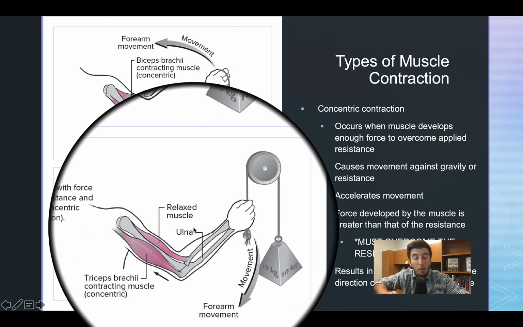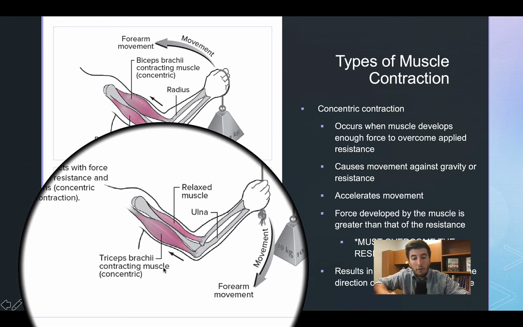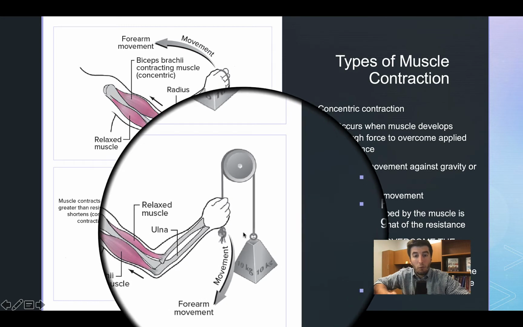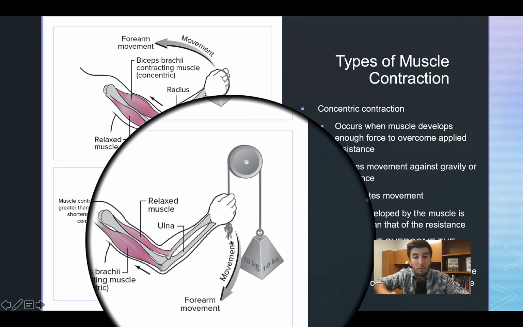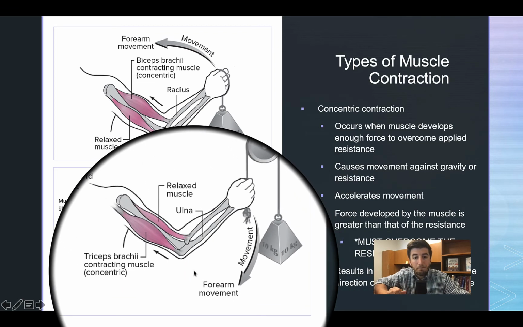If you look down on the bottom, you're going to have a contraction of the tricep. You're going to actually have a movement of the forearm, as denoted by that arrow, and you will actually have an extension that occurs at the elbow joint.